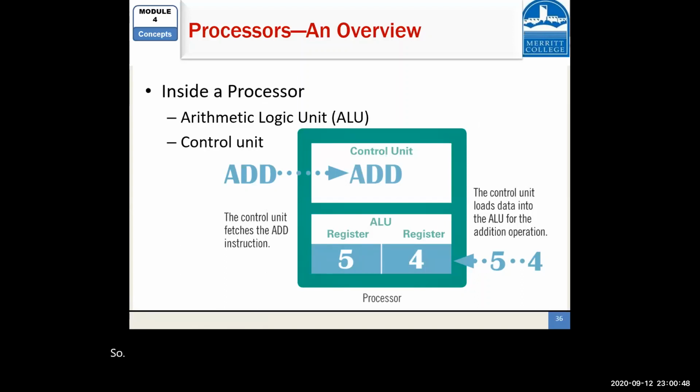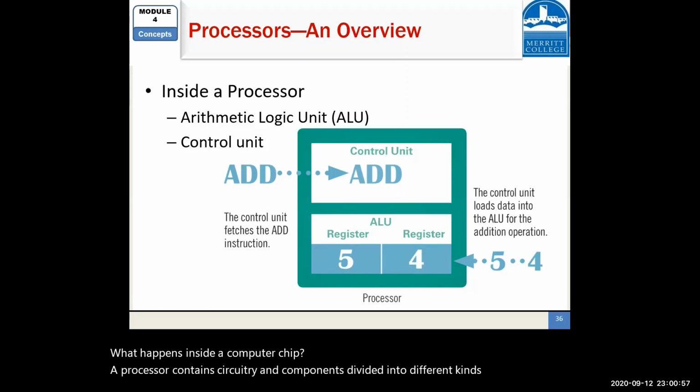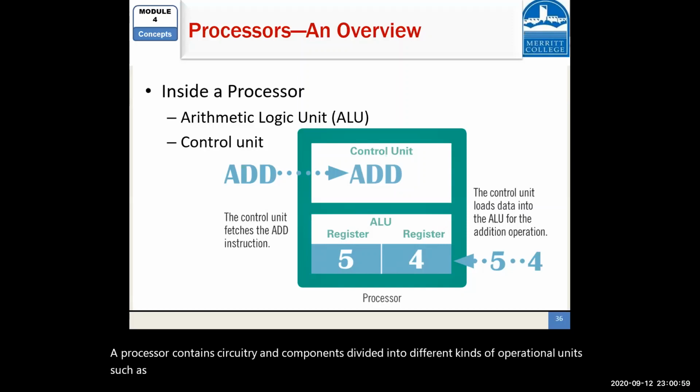So what happens inside a computer chip? A processor contains circuitry and components divided into different kinds of operational units, such as the ALU and the control unit.